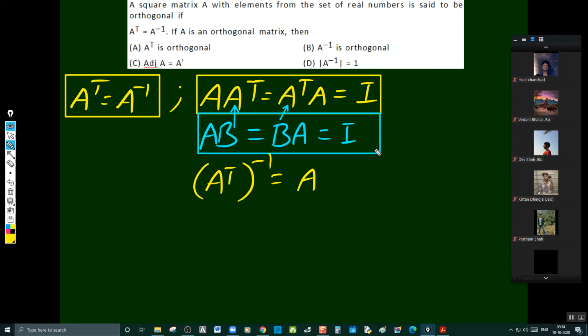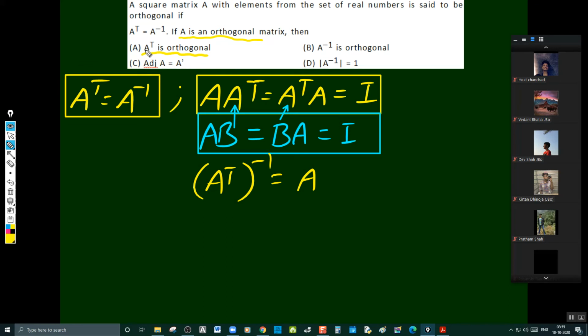So what the first option is, he needs A transpose is orthogonal. A transpose is orthogonal means the same definition, obviously. Set of real numbers, A is an orthogonal matrix he has given. Obviously, A transpose also becomes orthogonal. When A is orthogonal, A transpose is also orthogonal.